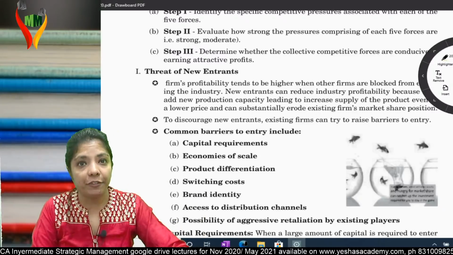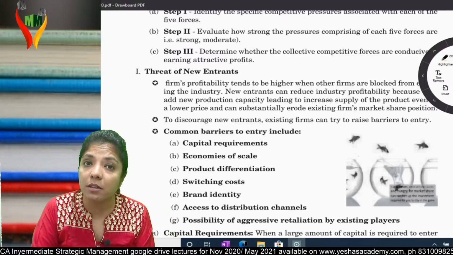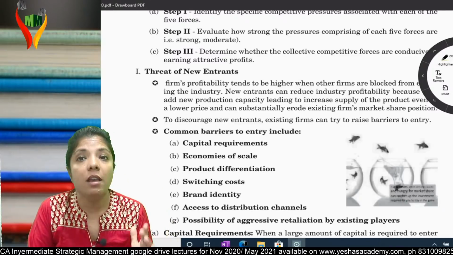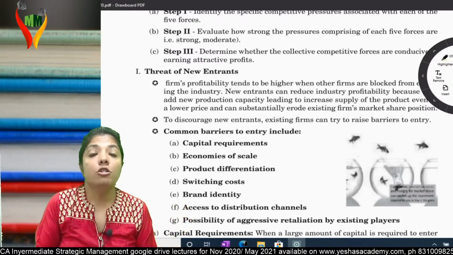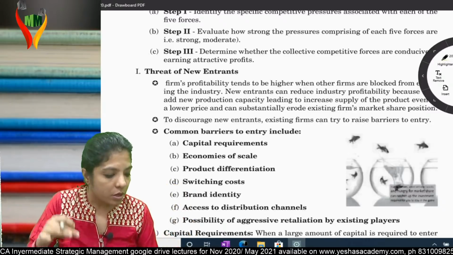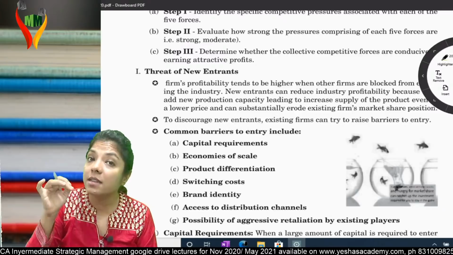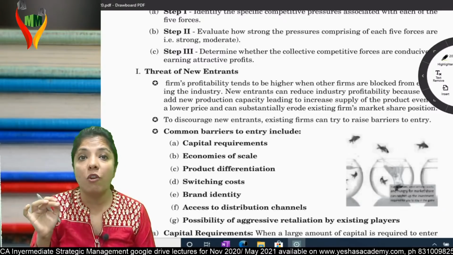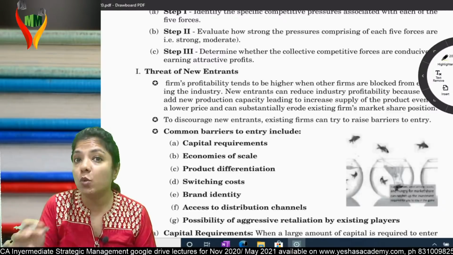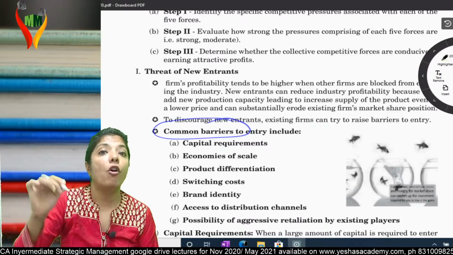Out of these five, the toughest source of competitor is the new entrant, because there is zeal, the madness to do something. I hope you're with me: for existing players, a new entrant is a source of problem. So they don't want them to enter. They want to put hurdles and barriers for new entrants.